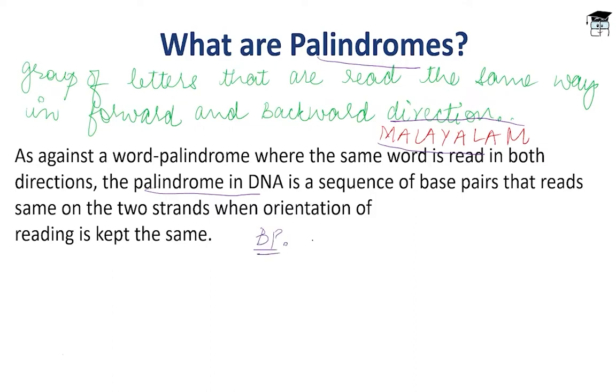These base pairs are on the two strands, strand 1 and strand 2 of the DNA, and these palindromic sequences are read the same way when the orientation of the reading is kept the same.